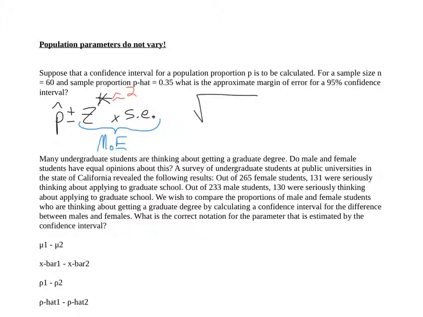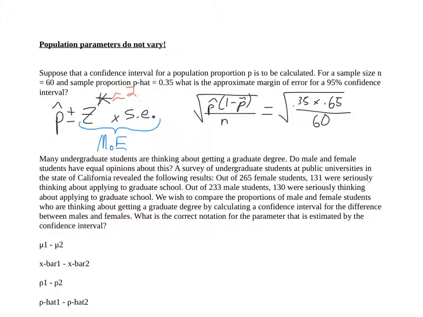It's going to be the square root of P hat times 1 minus P hat divided by the sample size, n. And in this specific case, P hat is 0.35. 1 minus P hat is what? 0.65. Sample size, 60.